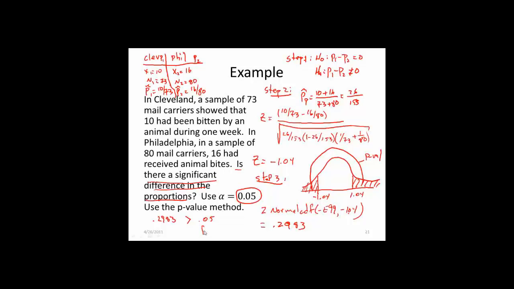We fail to reject. So when we fail to reject, does that mean that there's a difference in the proportions or not a difference in the proportions? There is not a difference in the proportions. So the proportion of animal bites in Cleveland for those mail carriers is no different than the proportion of animal bites for those mail carriers in Philadelphia.